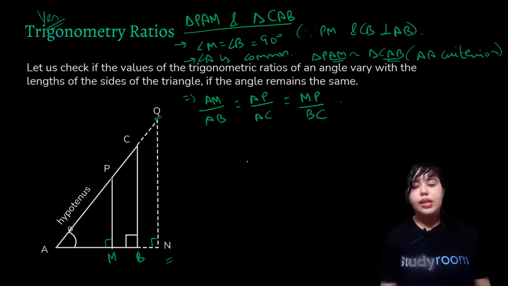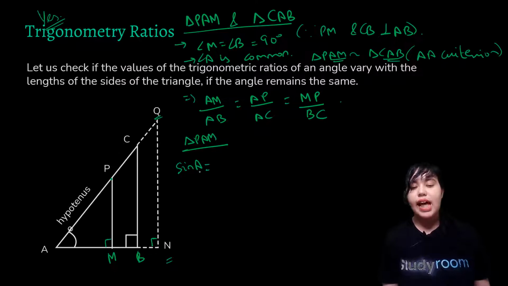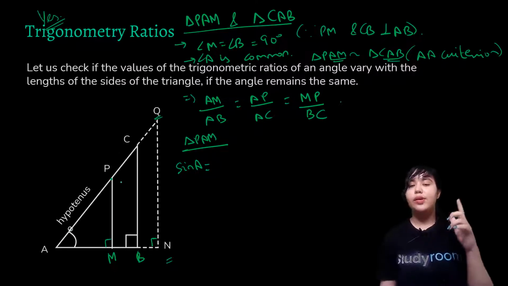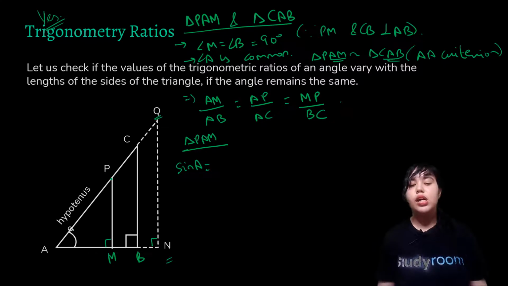Then again consider triangle PAM. So here, can you write down sine A? Sine is opposite upon hypotenuse. If I'm just considering this triangle PAM, what is the side opposite to angle A?